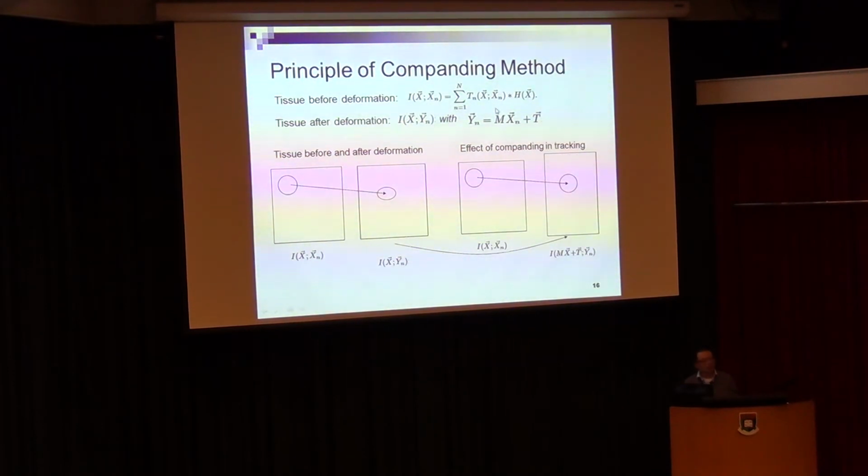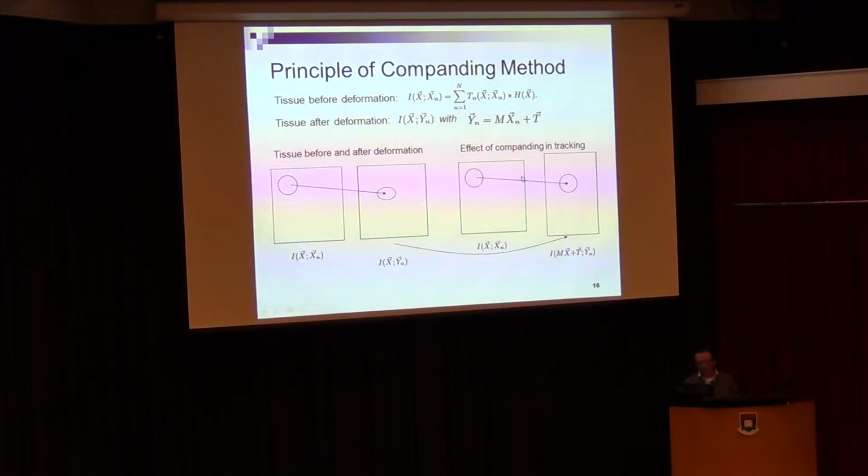This is the idea behind the compounding method. Still, we have this linear convolution model, the scatterers convolving with the point spread function. Then after tissue deformation, xn, the location of the scatterer, will change into yn. This is the cartoon showing the tissue before and after deformation. If you think about it, this is a compression, a change from a circle into an ellipsoid shape.